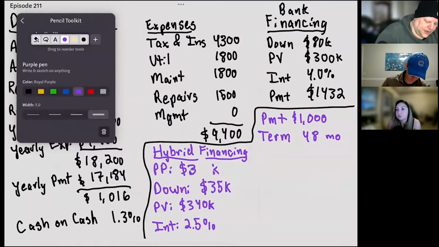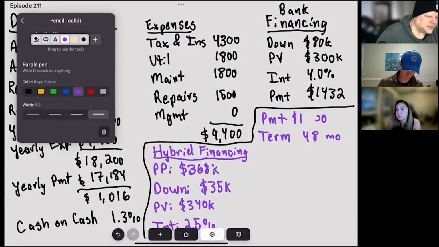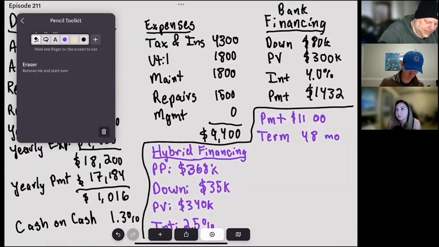We'll still keep our $35,000 down payment. We're going to have an $1,100 a month payment, an interest rate of 2% for 60 months. And that is, let's see if that still makes sense.